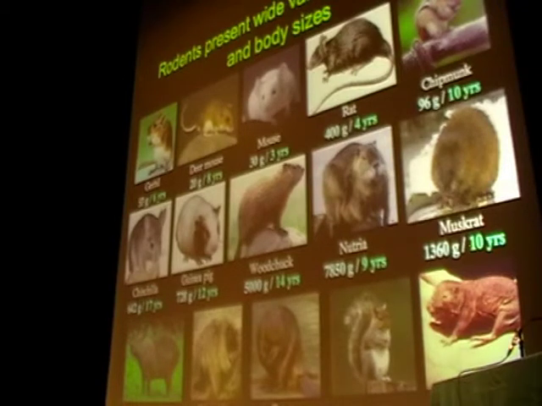For example, you're familiar with the laboratory mouse and rat, which are pretty short-lived even for a small mammal. And then we have some very long-lived species, like the naked mole rat that lives up to 30 years, the squirrel that I already mentioned, a beaver, and a porcupine that all live over 20 years, and then there is anything in between.